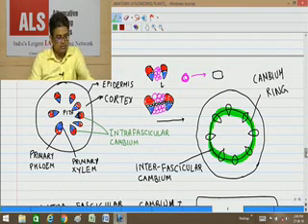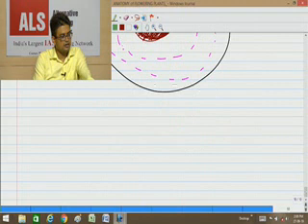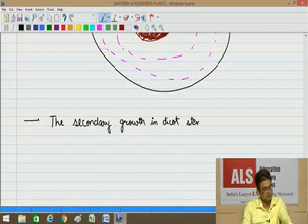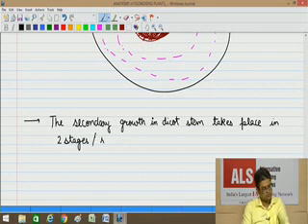The secondary growth in dicot stem takes place in 2 stages, or steps.